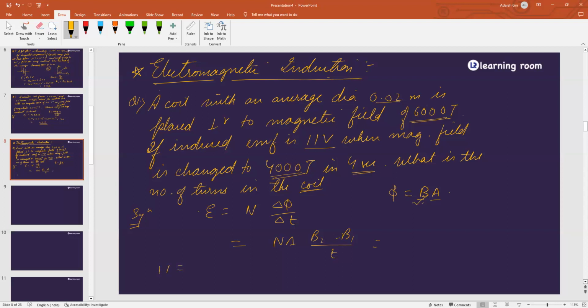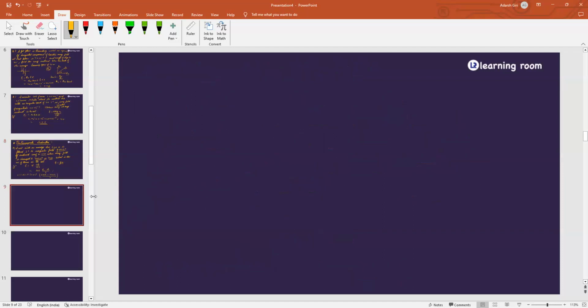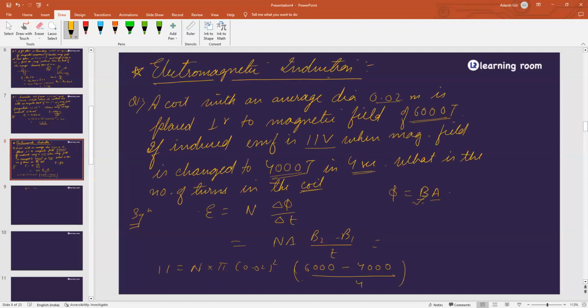Okay, it is 11 volts. N into area is pi into r square, 0.02 whole square, into 6,000 minus 4,000 upon time, that is 4 seconds. Okay, so from here we need to find the value of N. N is what? It will be 11 into 4.